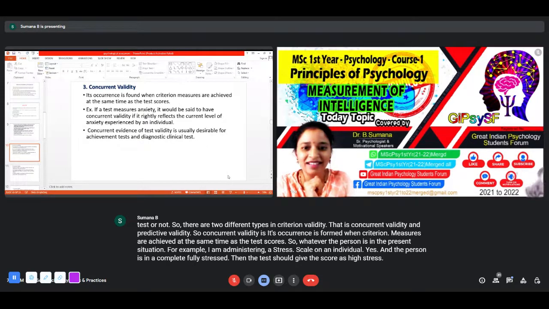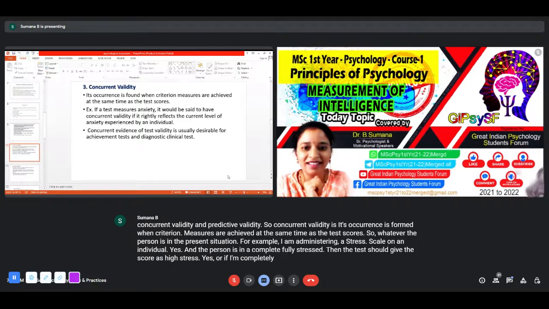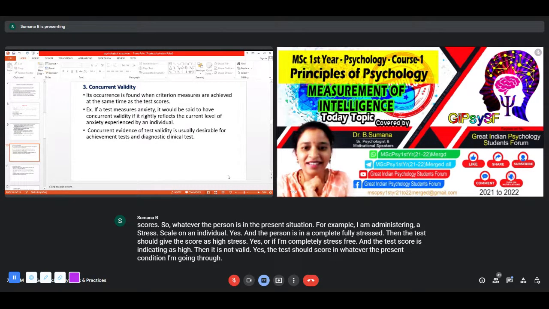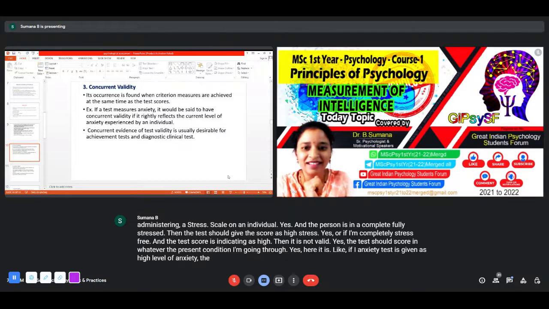If I'm completely stress free and the test score indicates high stress, then it is not valid. The test should score according to whatever present condition I'm going through. If an anxiety test shows a high level of anxiety, the person should experience a high level of anxiety at the moment when taking the test.